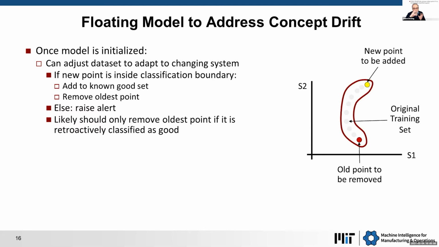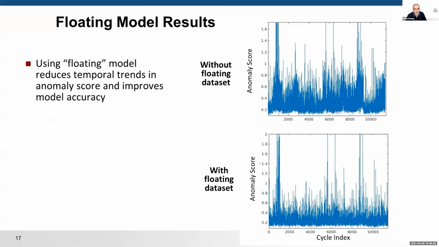So now our space of normal operation can slowly track our process. And using that, we start to see an anomaly score. This anomaly score is basically a measure of the distance to a known good point. It suppresses that drift, and we get a much more stable ability to identify exceptional data points within that drift.